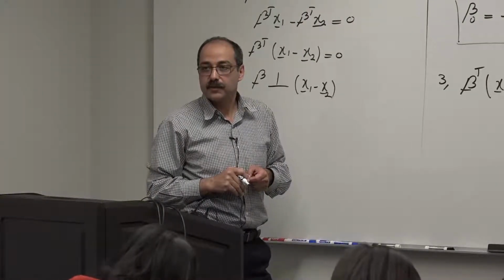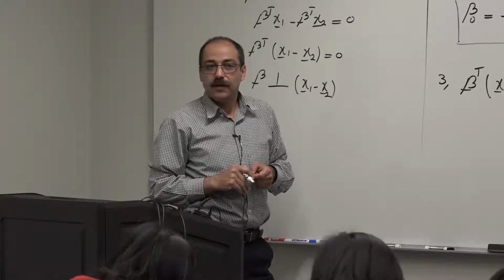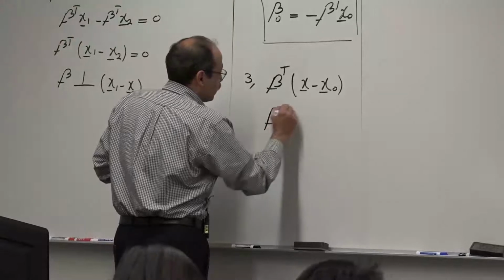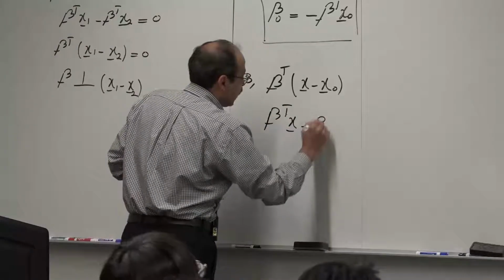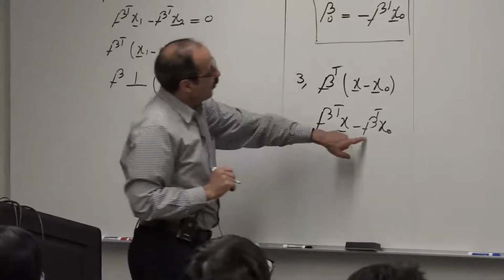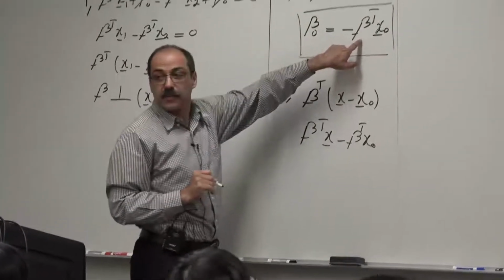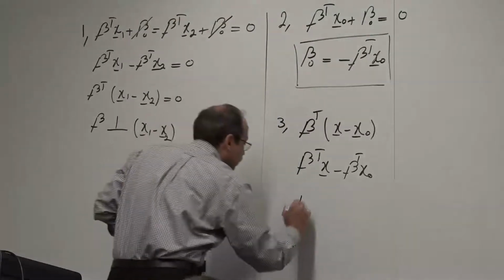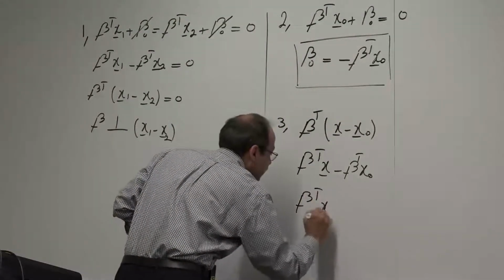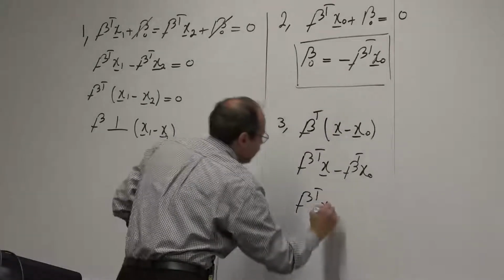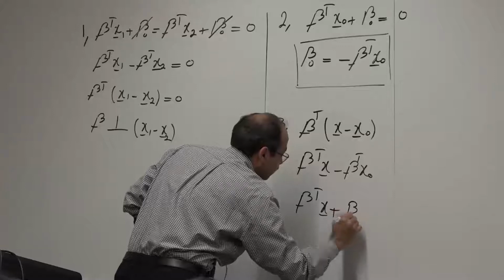Does it make sense? Okay. So beta transpose x minus beta transpose x null, and negative beta transpose x null is beta null.